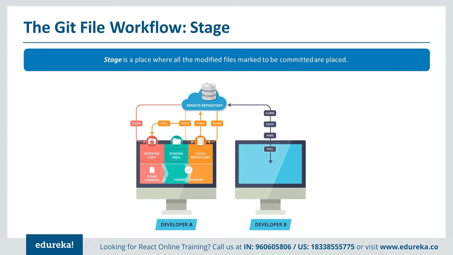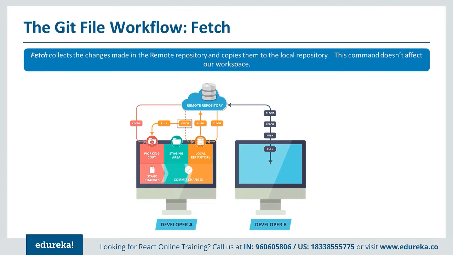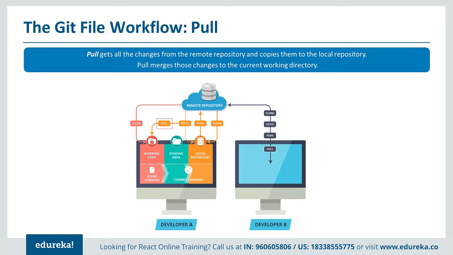Then the staging area is a place where all the modified files are marked to be committed. The commit command commits all the files in the staging area to the local repository. And the push command moves all the data in the local repository to the remote repository. When we do fetch, fetch collects the changes in the remote repository and copies them to the local repository, whereas pull brings the latest changes in the code.